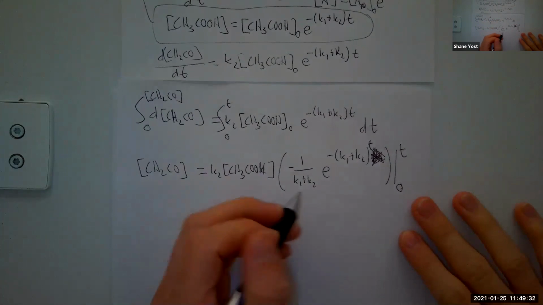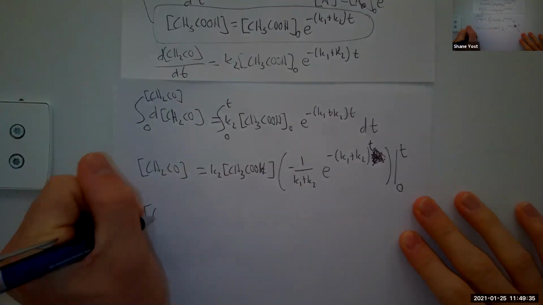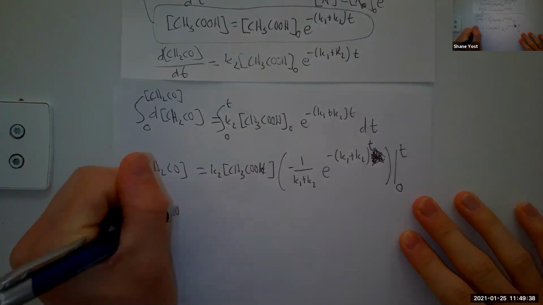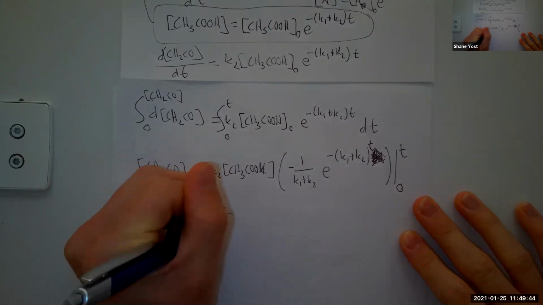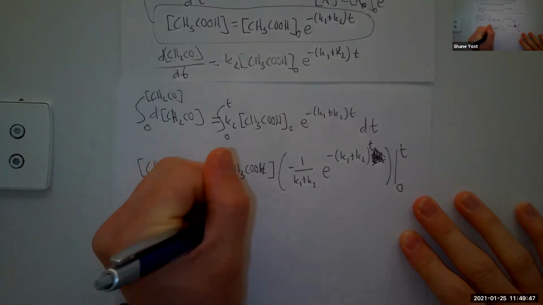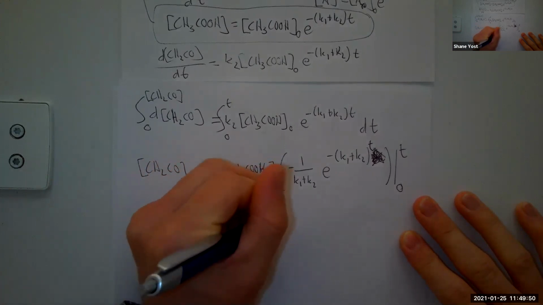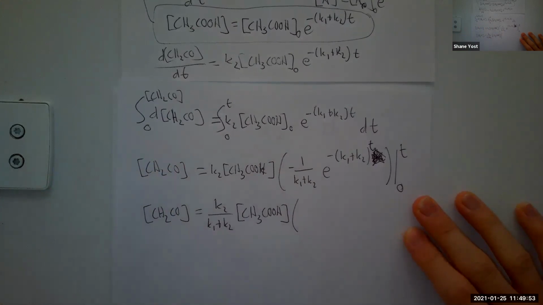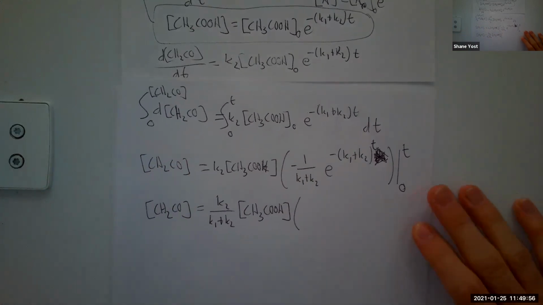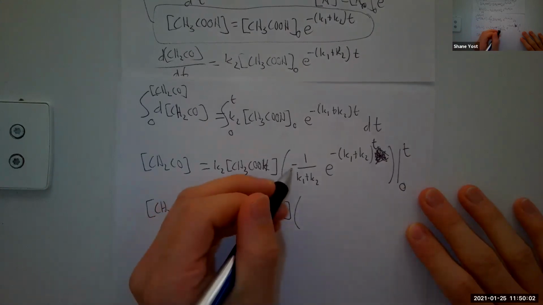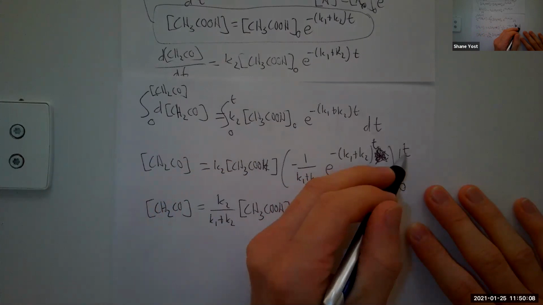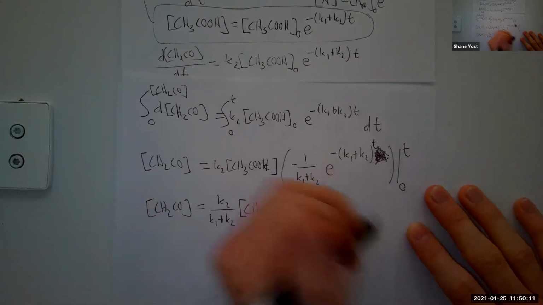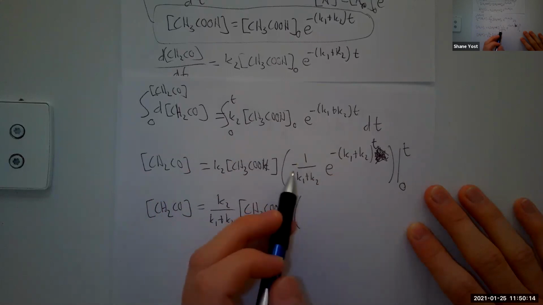So I'm going to pull this out in front. Again, I have my concentration of CH2CO equals K2 over (K1 plus K2) times the initial concentration of CH3COOH. There's this minus sign here. Normally you do time t minus time 0, but here I'm going to do time 0 minus time t because of this minus sign.